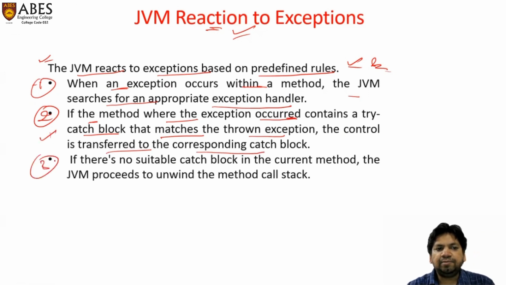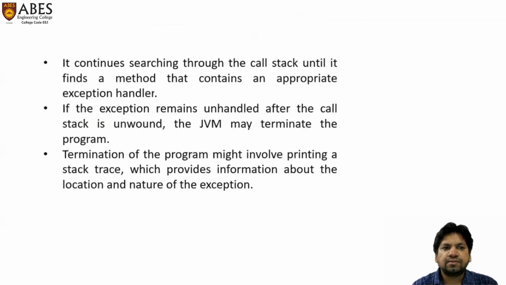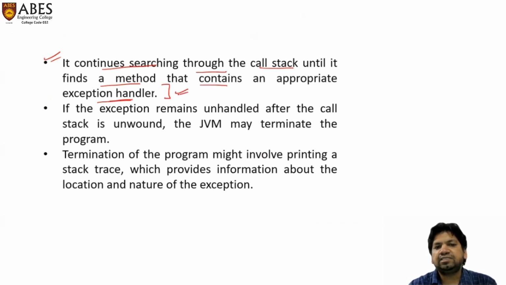Third part, if there is no suitable catch block in the current method, the JVM proceeds to unwind the method's call stack. It continues searching through the call stack until it finds a method that contains an appropriate exception handler. It continues until the appropriate exception handler is found.